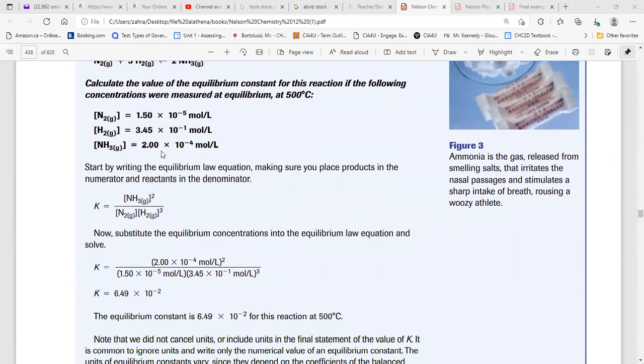Concentration of NH3 is 2 × 10^-4, so you put that to the power 2. Concentration of N2 is 1.5 × 10^-5 here. Concentration of H2 is 3.45 × 10^-1, to the power 3. Just calculate that. K value is 6.49 × 10^-2.